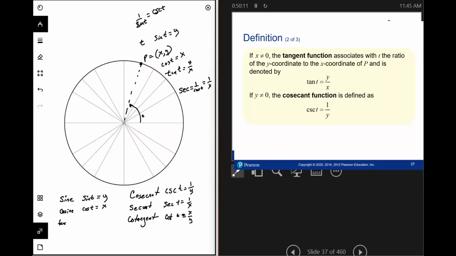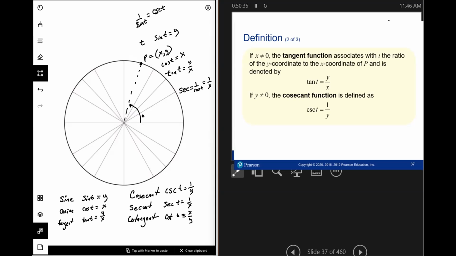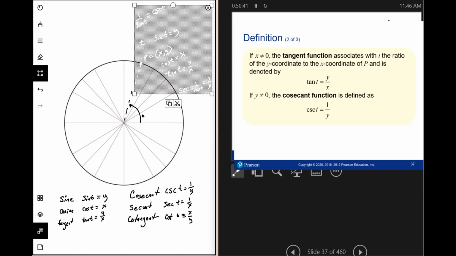And tangent, which is written as tan of t, is y over x. All right. So if you're given specific, you need to clean this up a little bit.